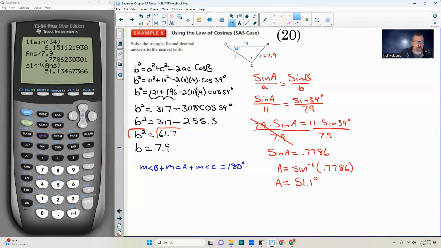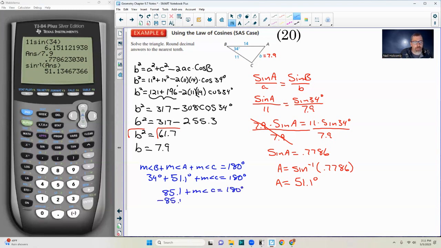The measure of angle B is, oh, it's 34. 34 degrees plus the measure of angle A, 51.1 degrees, plus the measure of angle C equals 180 degrees. Add these, we get a 1 decimal. 4 plus 1 is 5. 3 plus 5 is 8. Plus the measure of angle C equals 180 degrees.